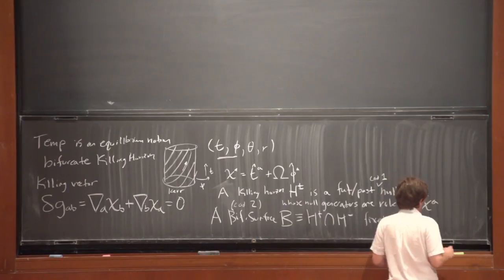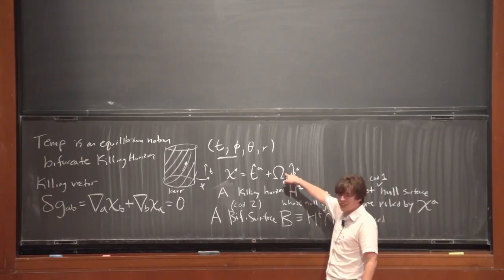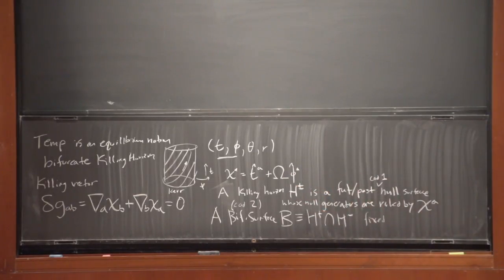Okay, so the whole bifurcate Killing horizon of, for example, Schwarzschild, if I draw the Penrose diagram like this, then what it does is at infinity, since this is Schwarzschild, we are not including this angular velocity piece, it looks like a time translation, but at the bifurcation surface B, it looks like a Lorentz boost.